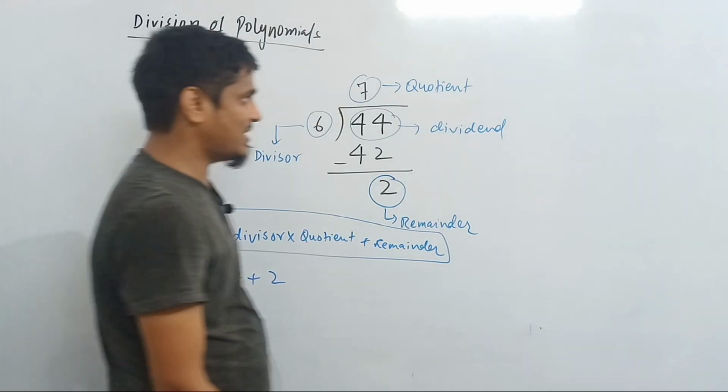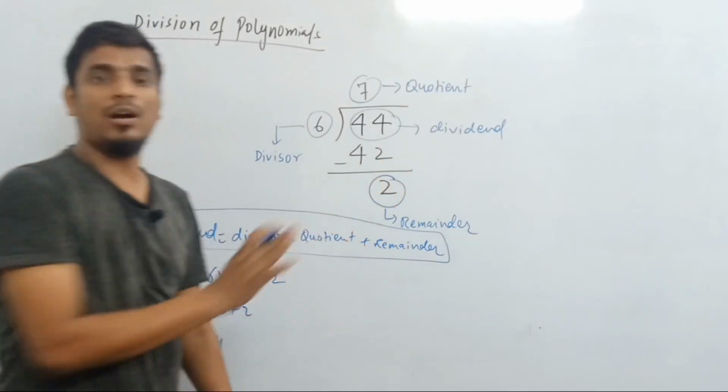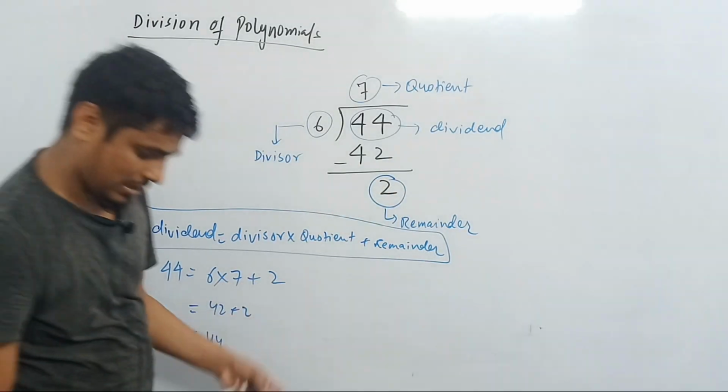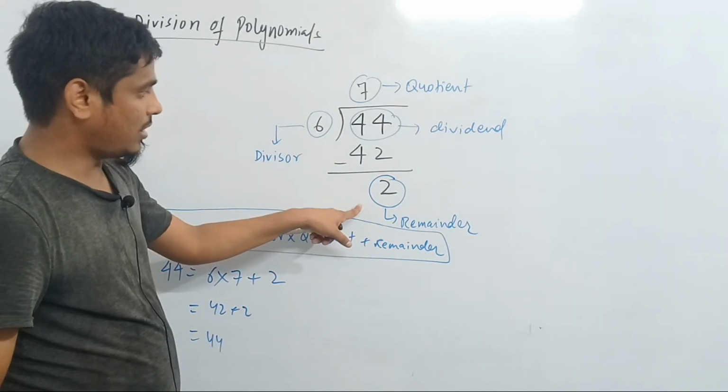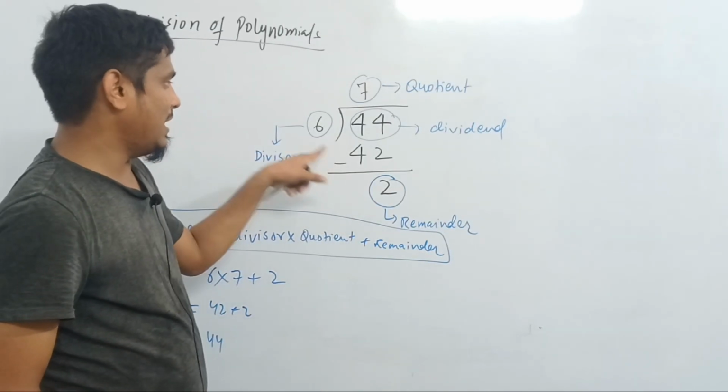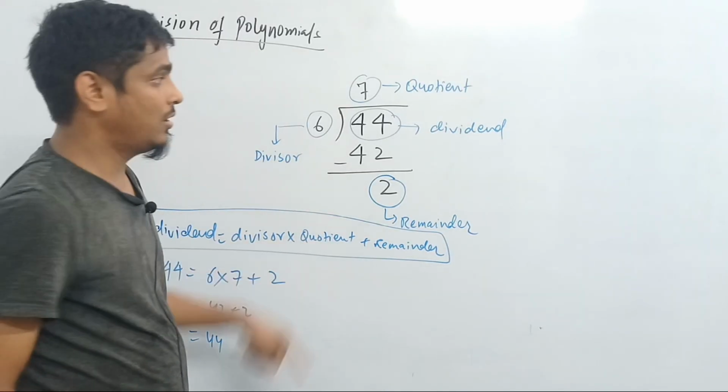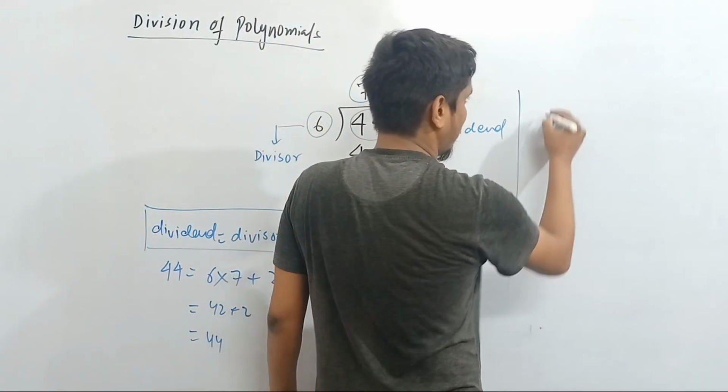So if I'm extending this for any positive integers, you can find that this remainder will always be less than this divisor, right? So we have one important result that we call the division lemma.